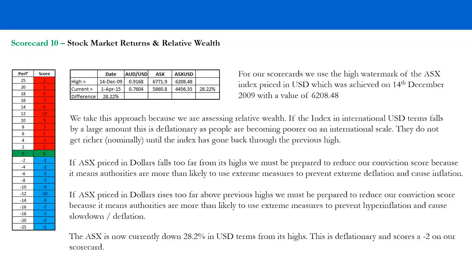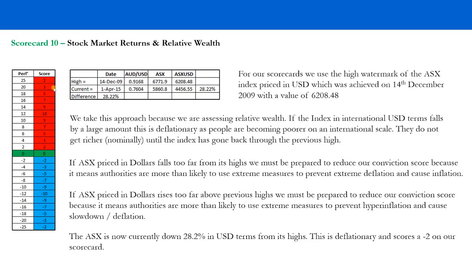Now remember what we've got here in our exogenous analysis, because we're looking at an exchange rate now and the dynamic relativity principle. What we've got on our inflationary side of the scale, because we're looking at this from the perspective of Australia, so what to do with the Aussie dollar, US dollar, our inflationary side of the scale provides us with a long bias, and our deflationary side of the scale provides us with a short bias.